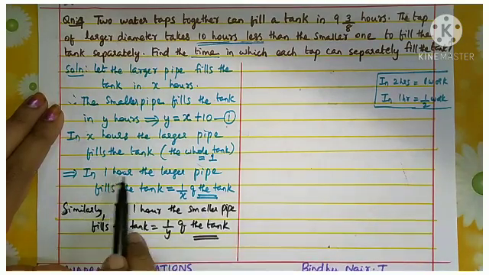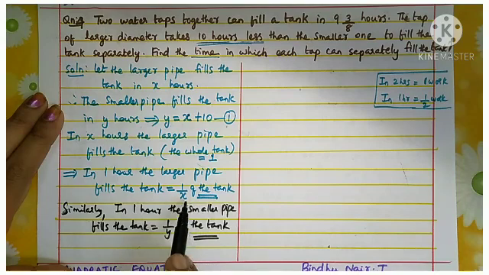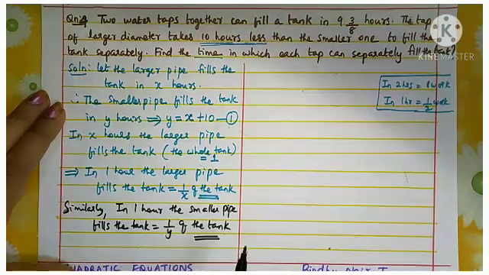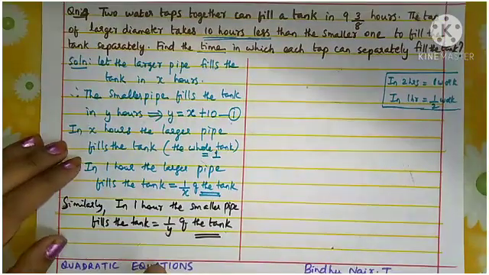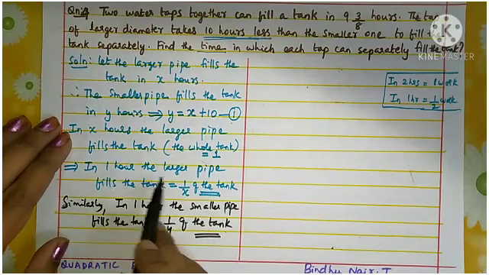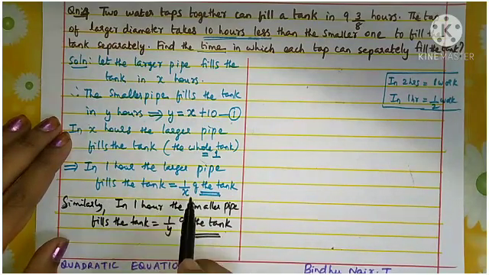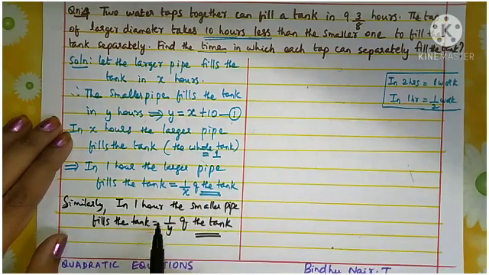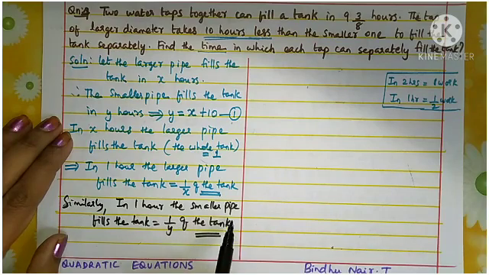So in 1 hour the larger pipe is filling 1 by x of the tank, and in 1 hour the smaller pipe is filling 1 by y of the tank. The next point. So what is the meaning of this? In 1 hour the larger pipe fills 1 by x. So this is the volume. 1 by x of the tank is filled, and in 1 hour the smaller pipe is filling 1 by y of the tank.